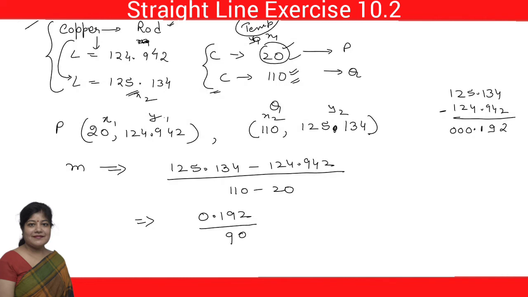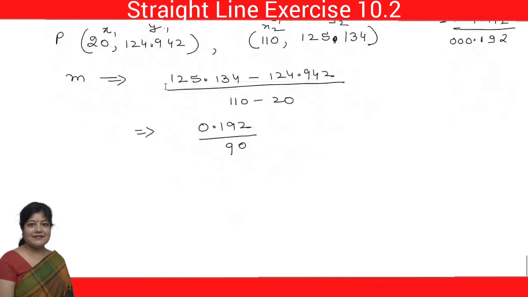Now we substitute the values. We have the equation now: y minus y1, equation of line, equals slope times x minus x1.